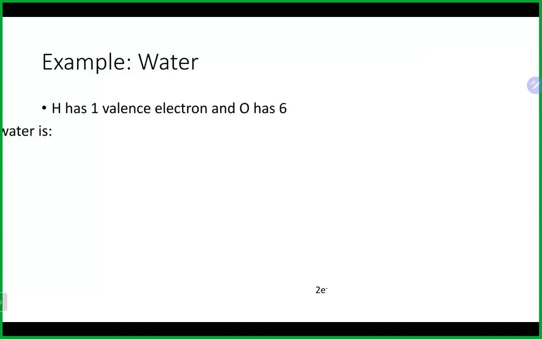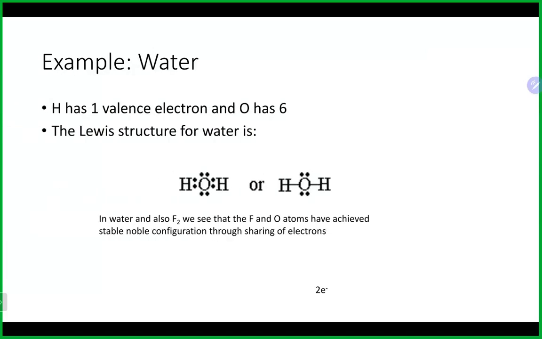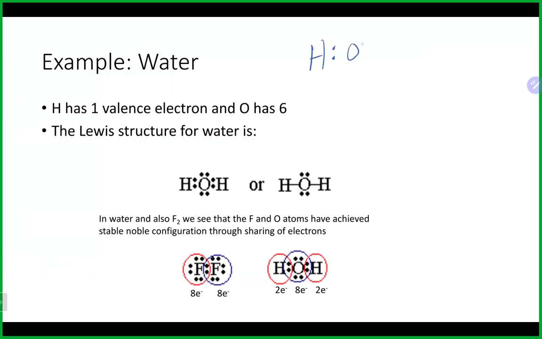Now, if we take a look at another example of this, water. By sharing electrons, as you can see in that picture, I'll draw it up a little bit higher, the two hydrogens each end up with two valence electrons as they share with the oxygen.